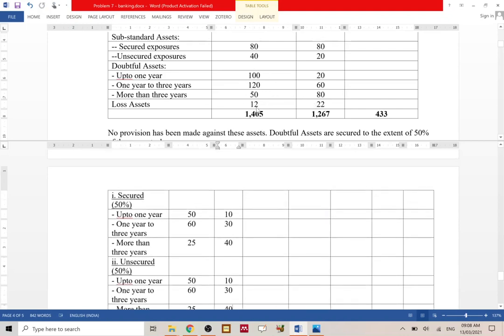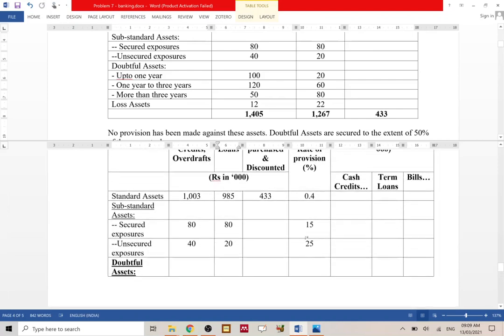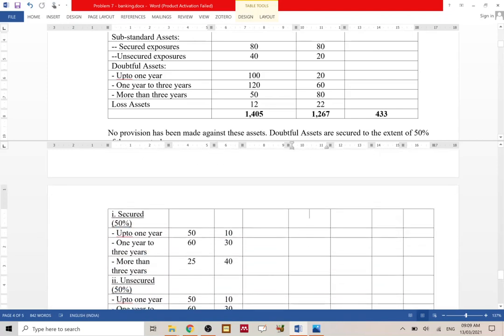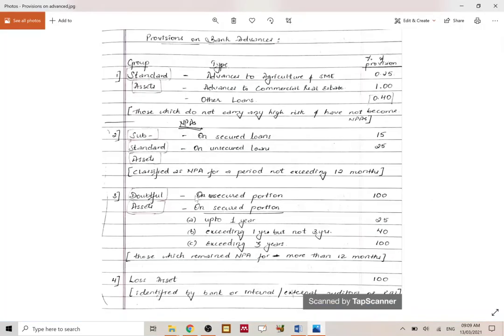We were given total doubtful assets, 1 year, 1 to 3, more than 3 years, right? But they said out of this 50% are secured doubtful assets and 50% are unsecured doubtful assets. Now this is important because secured has a different rate of provision, whereas unsecured has a different rate of provision. Let's look at it here. Doubtful assets, if it is unsecured, the rate of provision is 100% for all, and if it is secured, it is 25, 40, 100 depending upon the years, right?